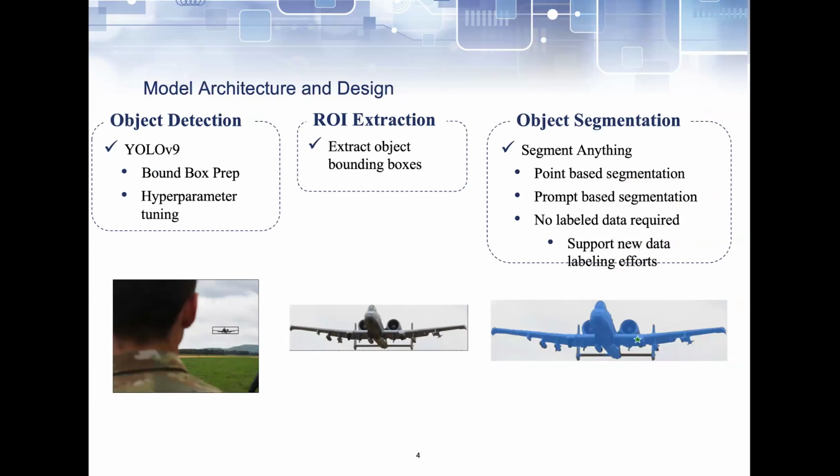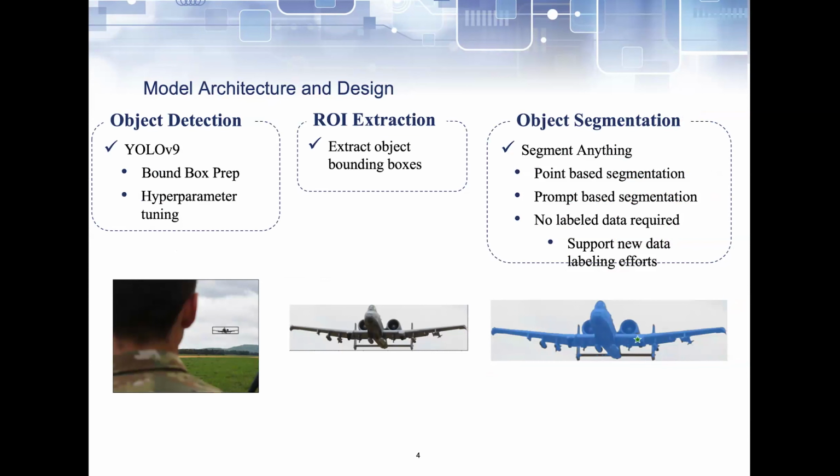So in a nutshell, our architecture design is as follows. We start by passing an image through an object detection algorithm, which is a fine tune of YOLO. We then use those bounding boxes for our segmentation model. For our segmentation model, we're using a model called Segment Anything.